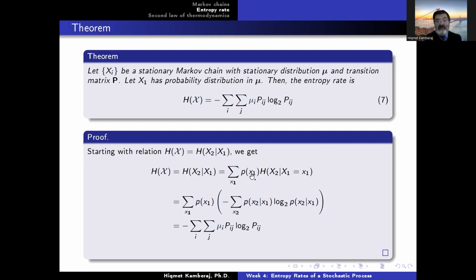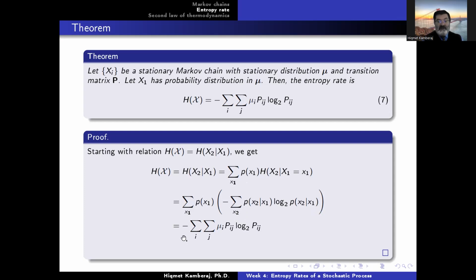Then P of x1, H of X2 given X1 equal to x1, and this is equal to the sum over all x1s of P of x1 multiplied by minus, I'm replacing H of X2 given X1 equal to x1, which is equal to minus the sum over all x2s of P of x2 given x1, log with base 2 of P of x2 given x1.